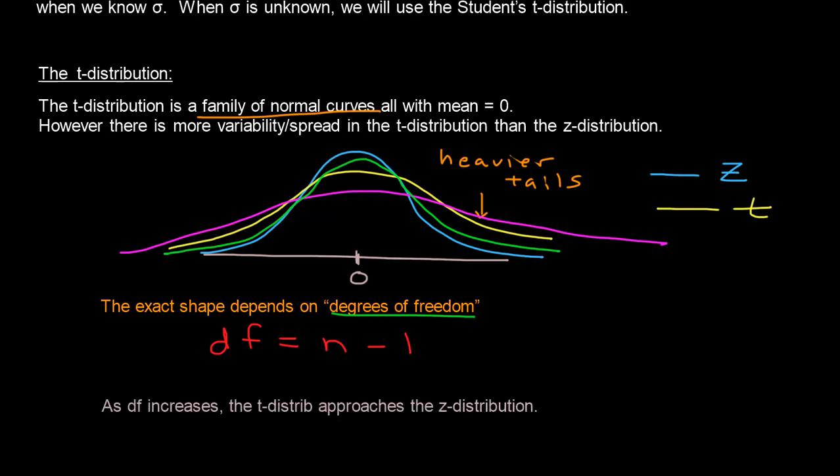So they have a lot in common, but we are now going to use a new t-distribution in order to have more reliable estimates when creating a confidence interval. In the next video, we're going to look at examples of how to work with the t-distribution and using the t-table.